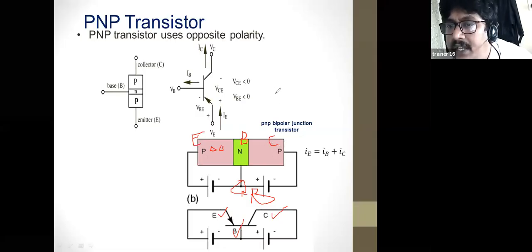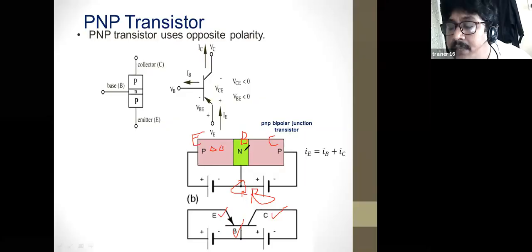In the collector current here, what flows is holes, whereas in the case of the NPN transistor, the flow is electrons. Here the holes from the P type emitter flow towards the N type base.